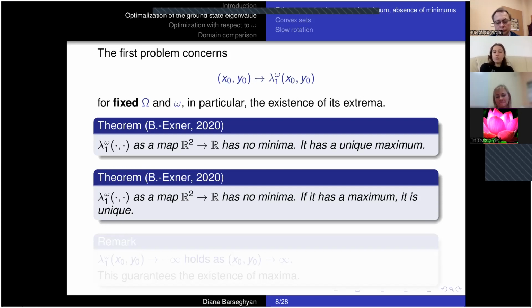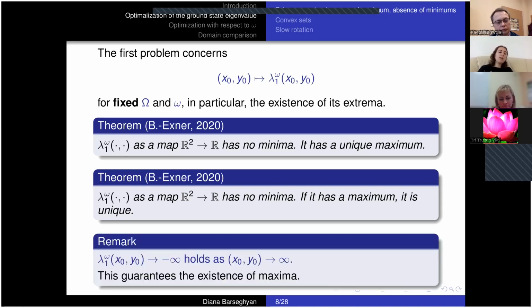And then we prove that if it has a maximum, then this maximum is unique. And the next slide, please. We also combine this with the remark that if the variable (x0, y0) goes to infinity, then the ground state eigenvalue goes to minus infinity.